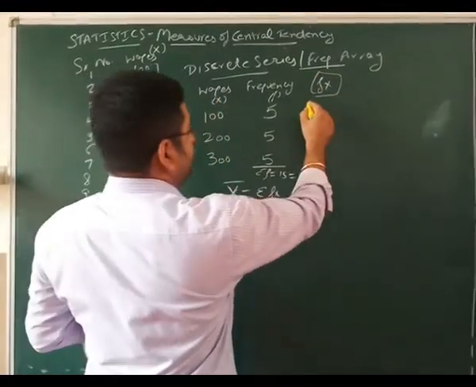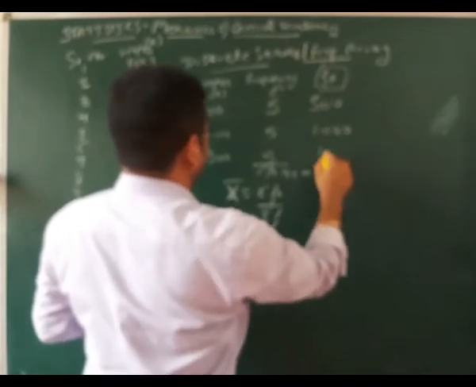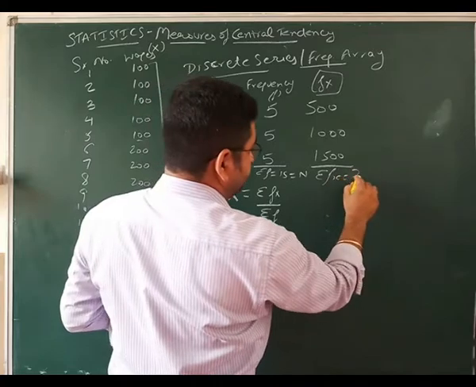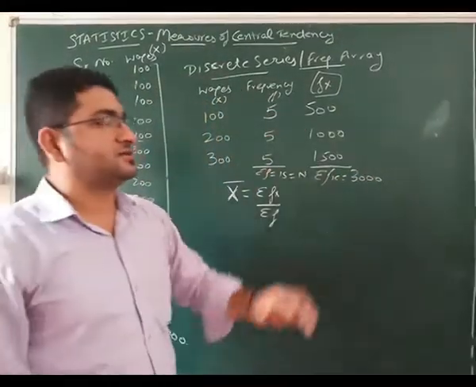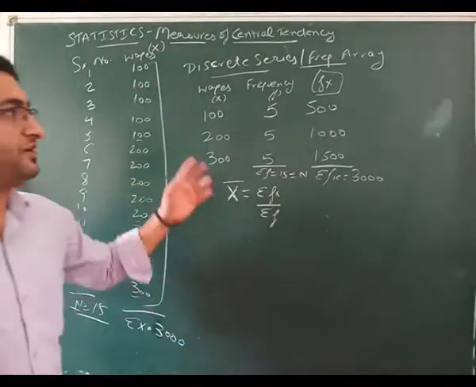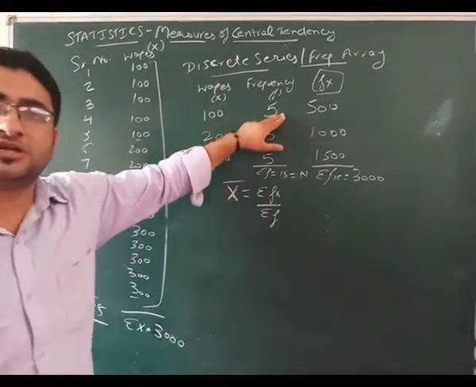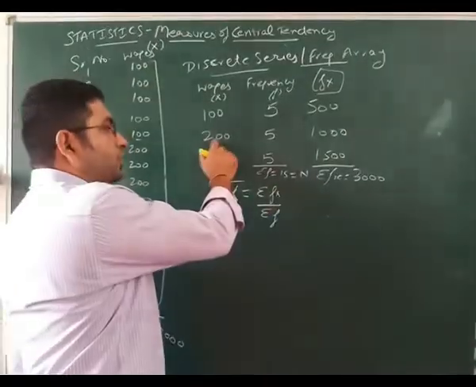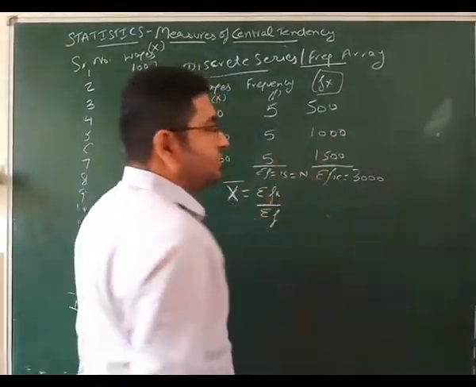So I'll calculate fx. Fx is 500, 1000 and 1500. So my summation fx is equal to 3000. Now the question arises, why have I taken summation fx? See, fx is done because I am paying 100 rupees wage to 5 workers, so my total expenditure is 500. I am giving 200 rupees as wage to another 5 workers, so my total expenditure is 1000.